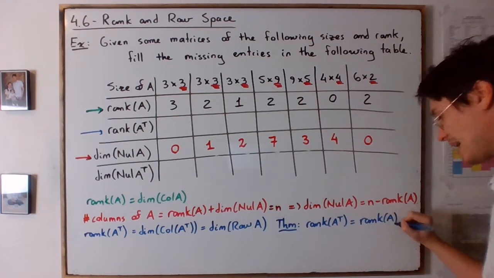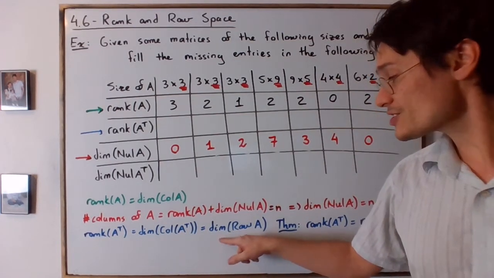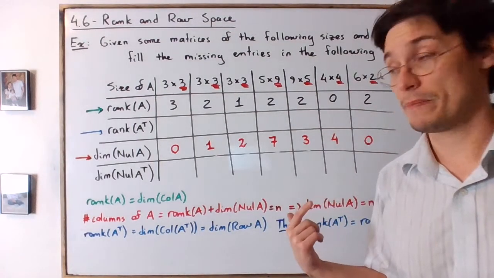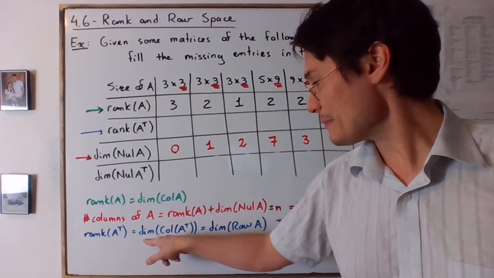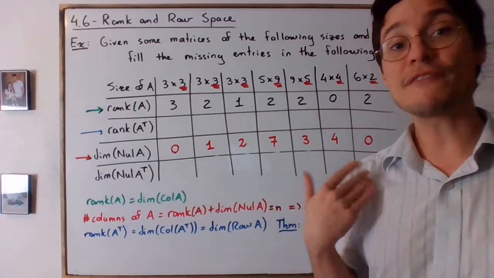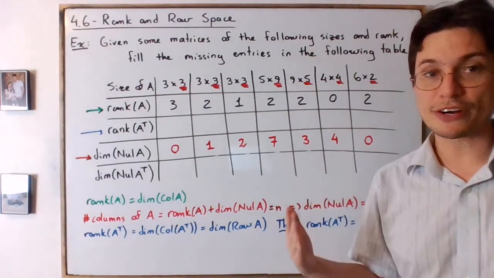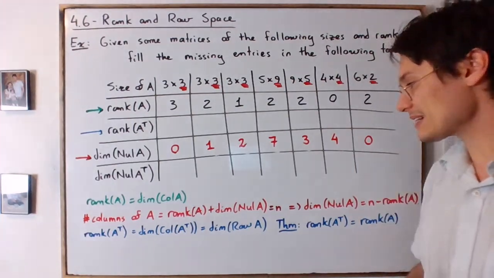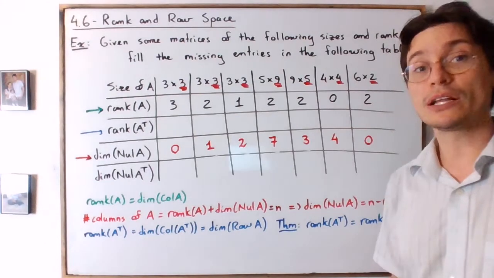The reason for that is simply that the dimension of the row space of A is the number of rows that have a pivot, and the dimension of the column space of A is the number of columns that have a pivot. Since the pivots occur in different rows and different columns, there are as many rows with a pivot as columns with a pivot.